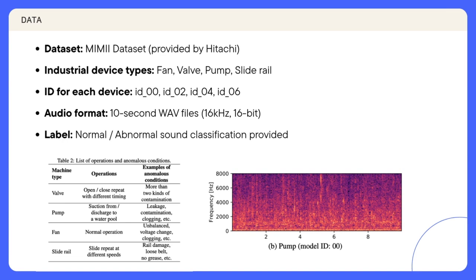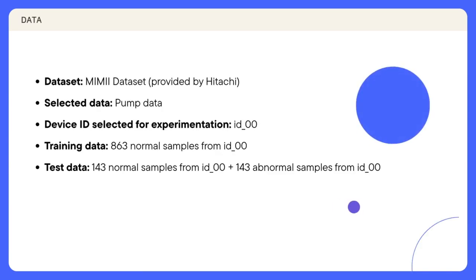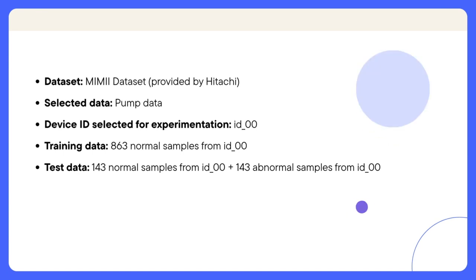All audio files are 10-second wave files sampled at 16 kHz. Among them, we selected the pump device with ID 0. The training set contains 863 normal samples, and the test set consisted of 143 normal and 143 abnormal samples.